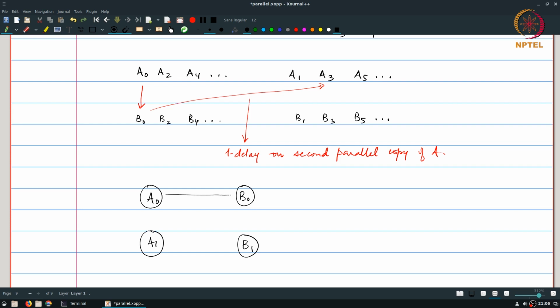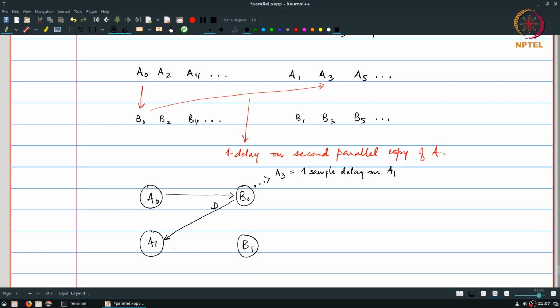From A0 there is a direct dependency to B0, but from B0 I need to essentially go to A3, which is a one sample delay on the hardware A1. In other words, it corresponds to one delay element as shown here.